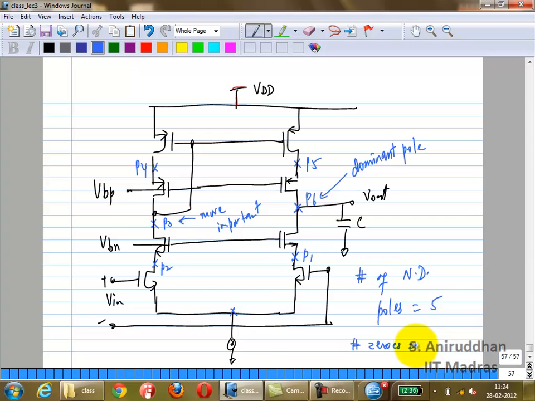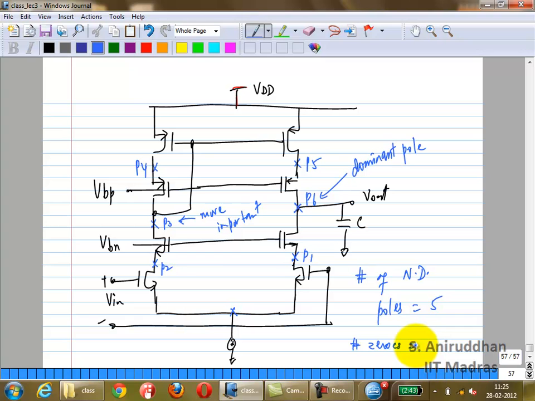Anyway, that's going to be one of your homeworks, to calculate the transfer function from input to output for this. It's fairly straightforward, not that difficult. So from input to output, find out how each pole comes about. You may get some insight if you calculate it out, as a homework.